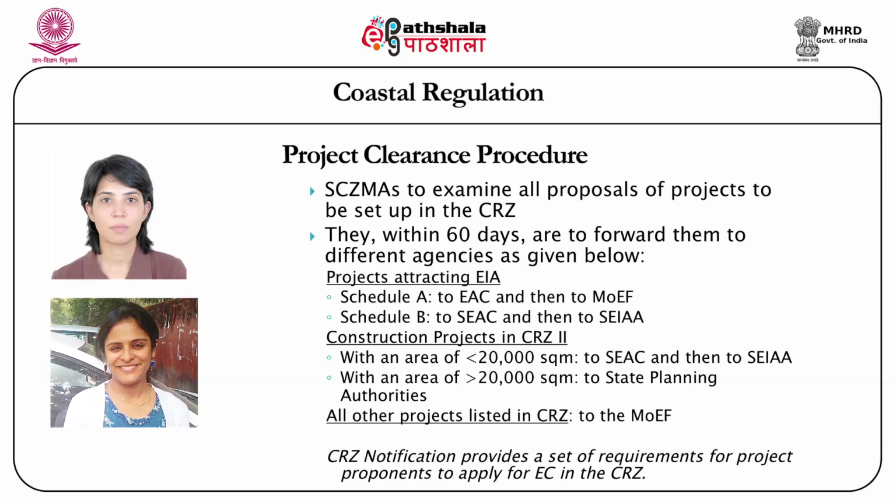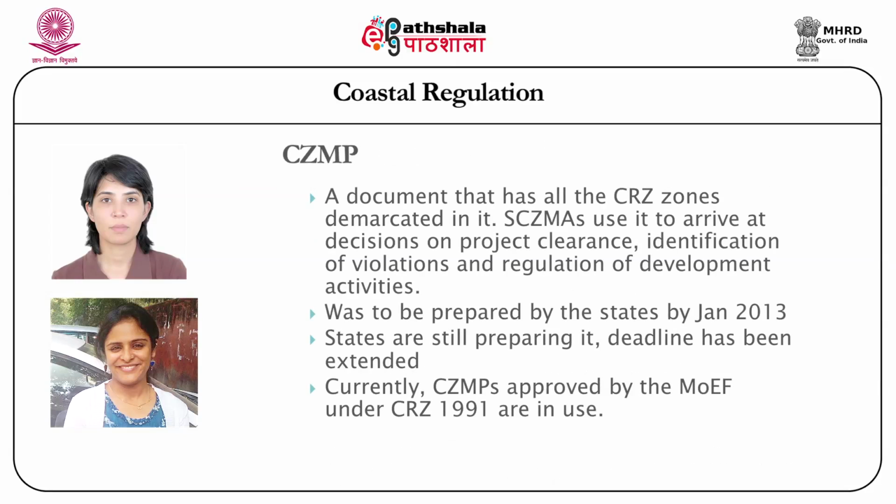CRZ notification further stipulated that all coastal states will formulate Coastal Zone Management Plans, that is CZMP. CZMP is a document that has all the CRZ zones demarcated in it. SCZMAs, that is the State Coastal Zone Management Authorities, use it to arrive at decisions on project clearance, identification of violations, and regulation of development activities in the CRZ.